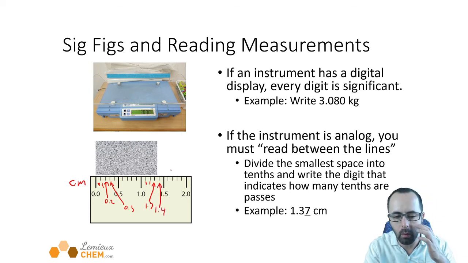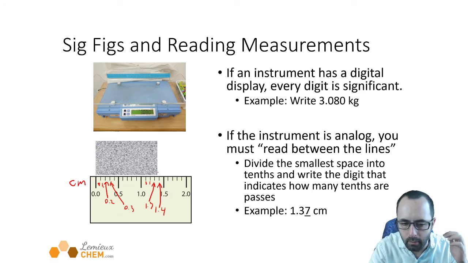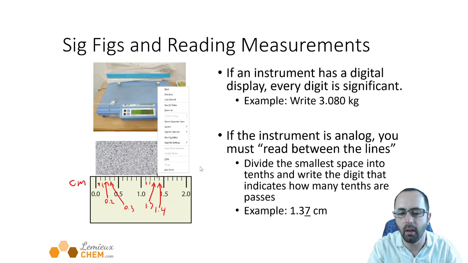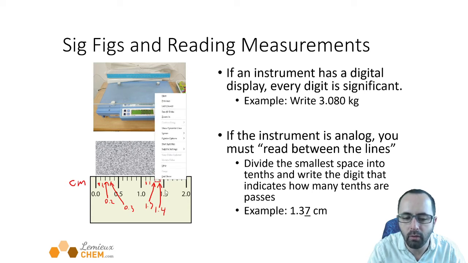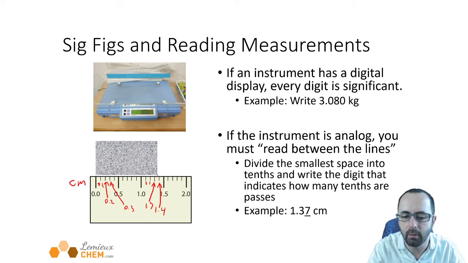So we know that the end of our slab here is between 1.3 and 1.4. It's right there. So what we do is in our mind, we divide this little region between 1.3 and 1.4 into 10 little pieces, into tenths.